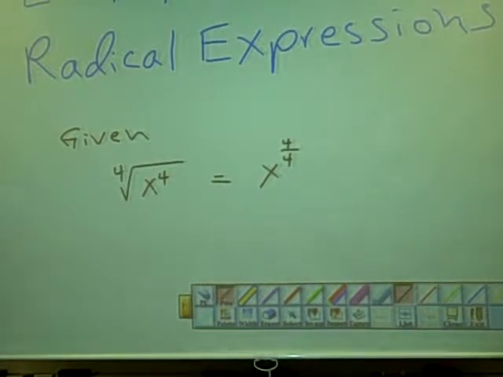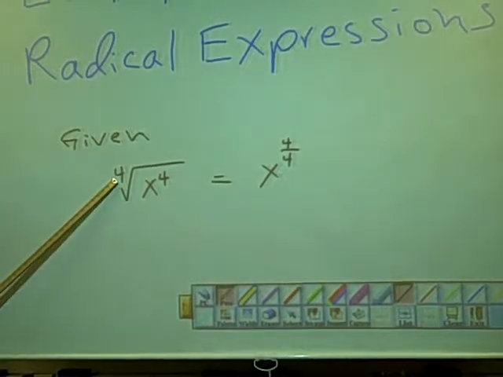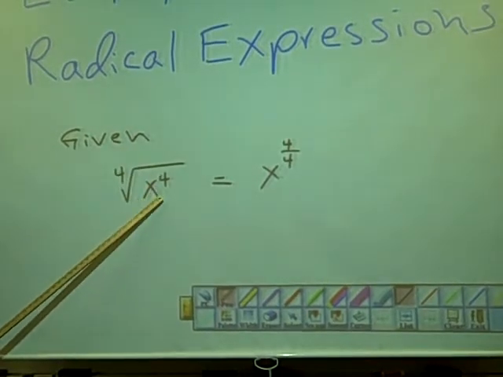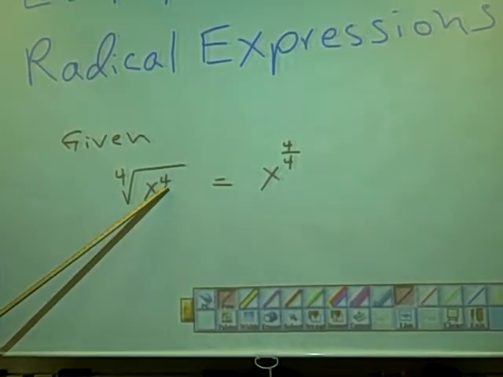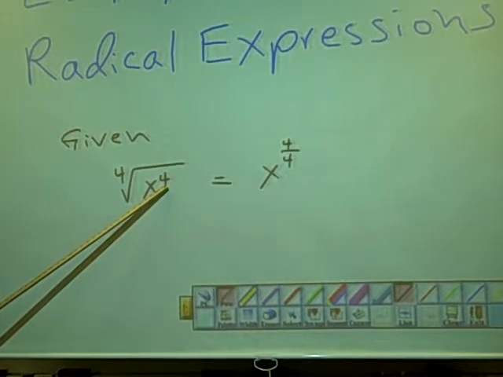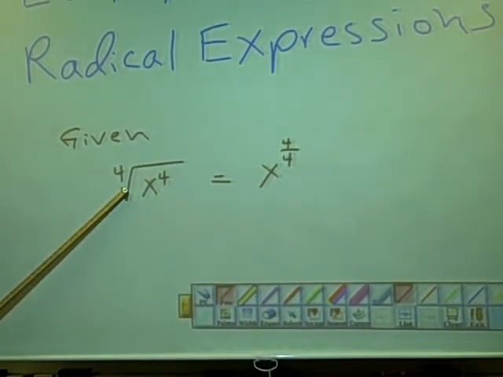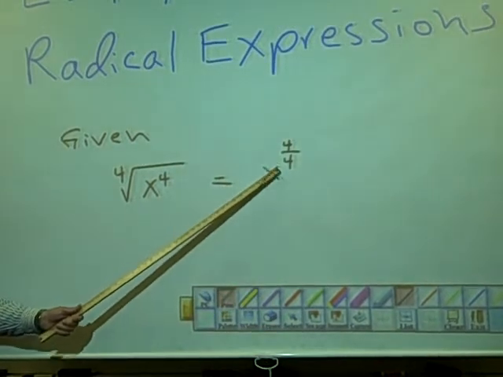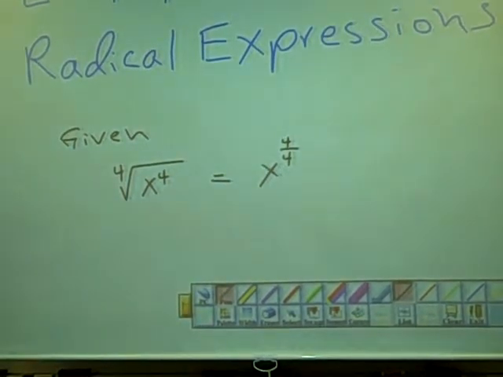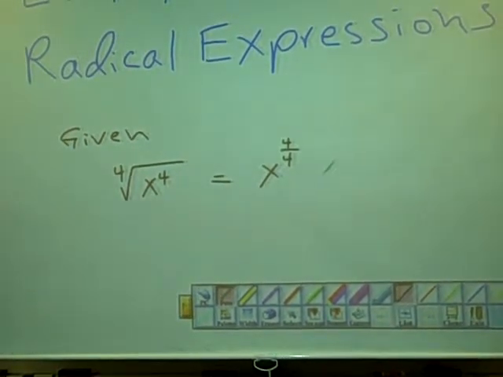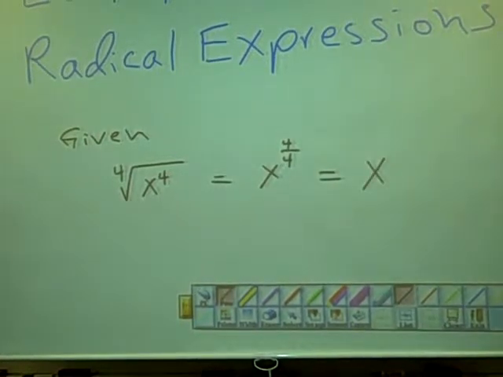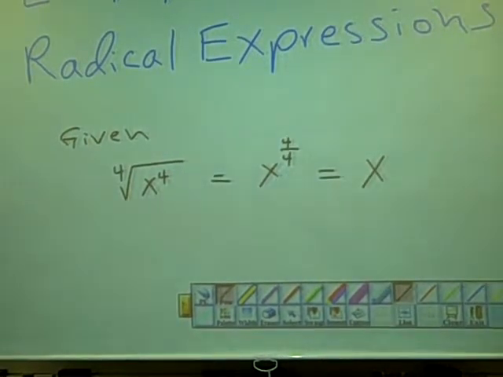In other words, the exponent that's outside is going to divide into the exponent that's inside. So that's where I was showing you those rational exponents, where you change from radical to exponential form. So you're actually dividing the exponent, and you just get x to the first, or just x.